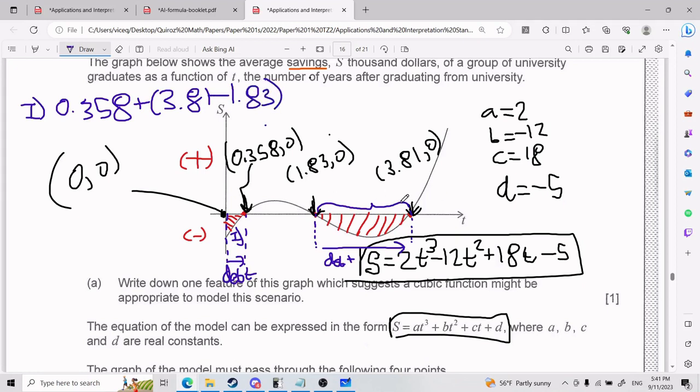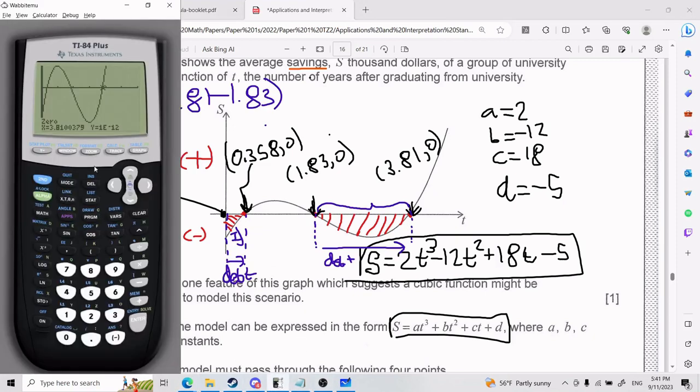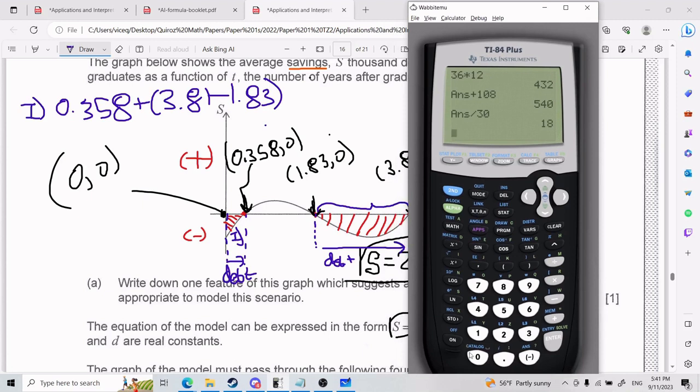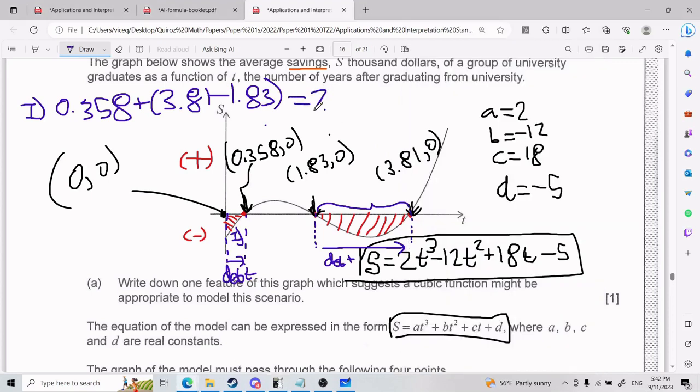For finding that distance there, let's find out. So we end up with 0.358 plus 3.81 minus 1.83, which is 2.338.